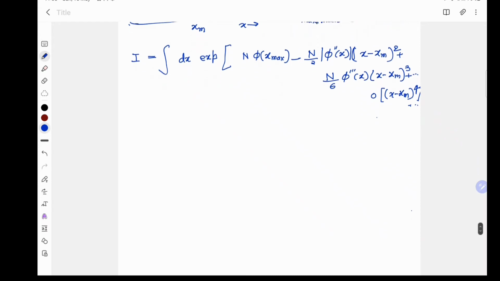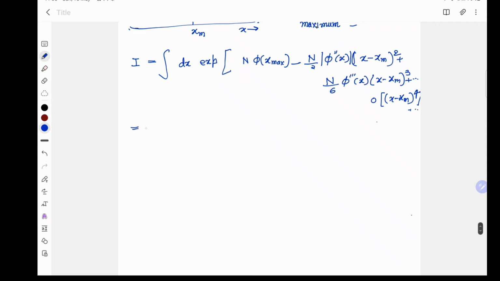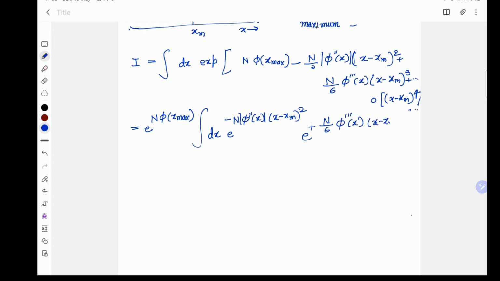Now the first term is independent of x, so we can take it out of the integration. So we will have e to the power n phi x max times the integration dx exponential minus n phi double prime x modulus times x minus xm whole square, and the other term e to the power minus or plus n by 6 phi triple prime x times x minus xm whole cube and so on.